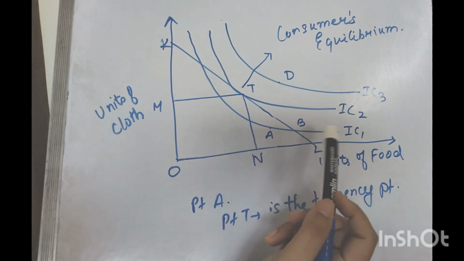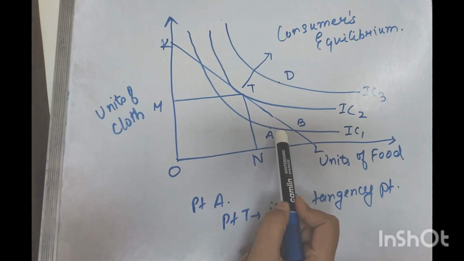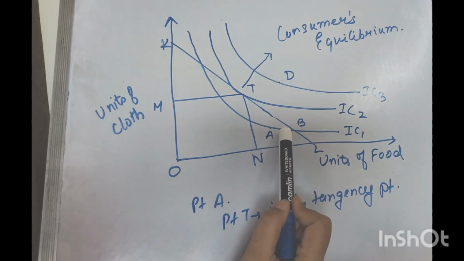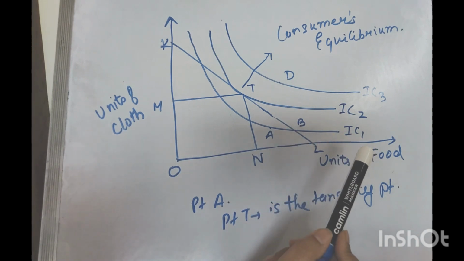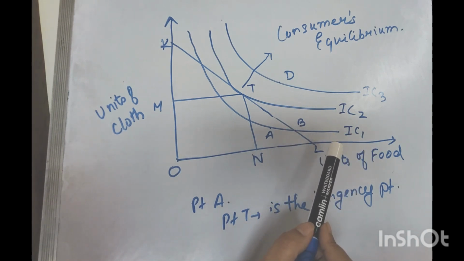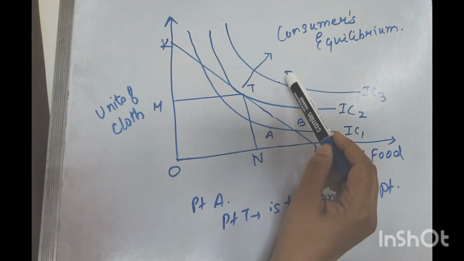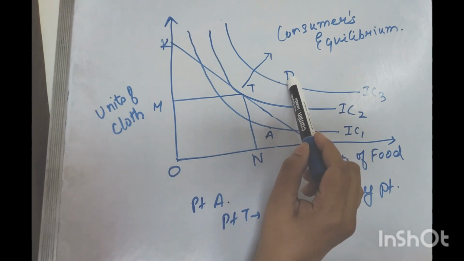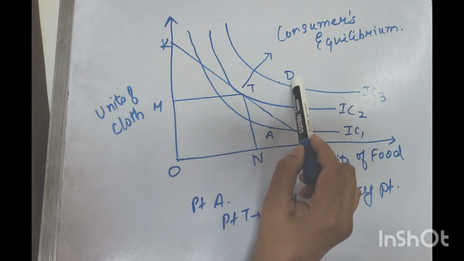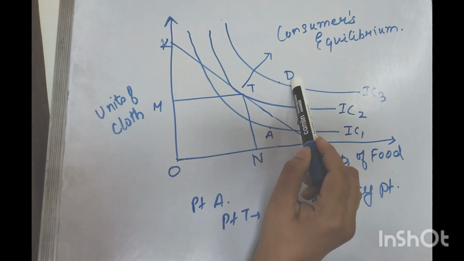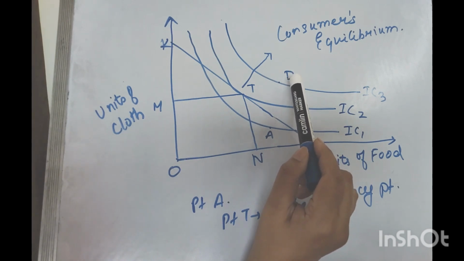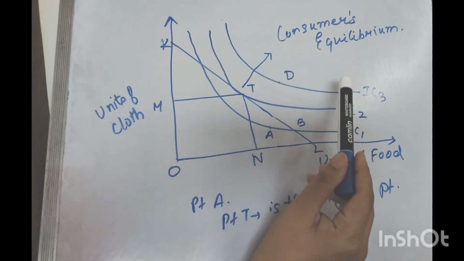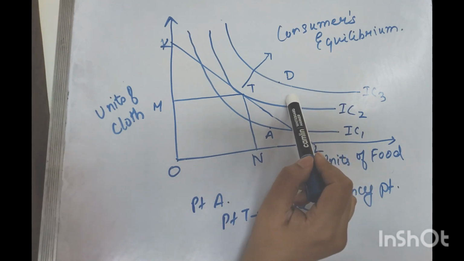Point A is not the best combination because it lies on the lower indifference curve. Next, point B combination is also not preferred because it lies on a higher indifference curve, but it is beyond the reach of the consumer.